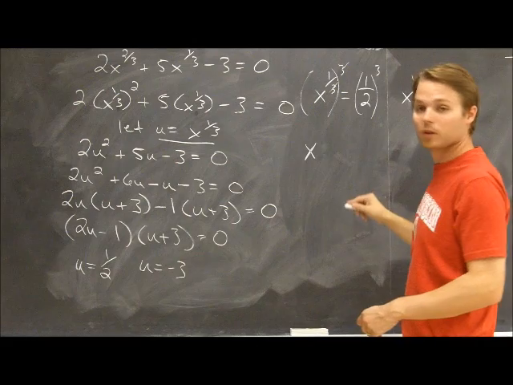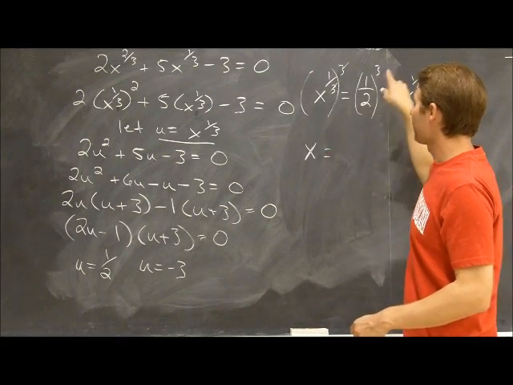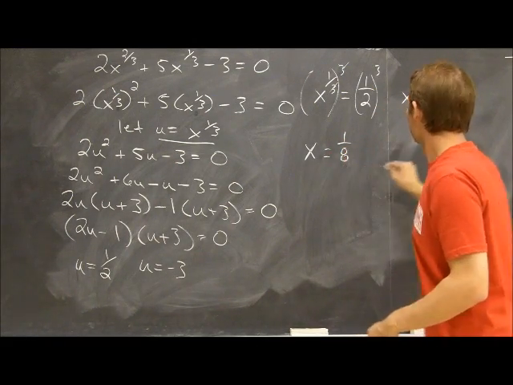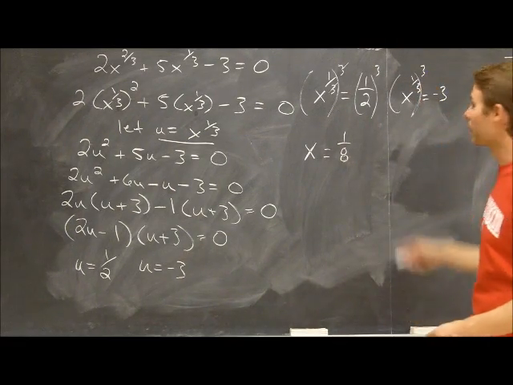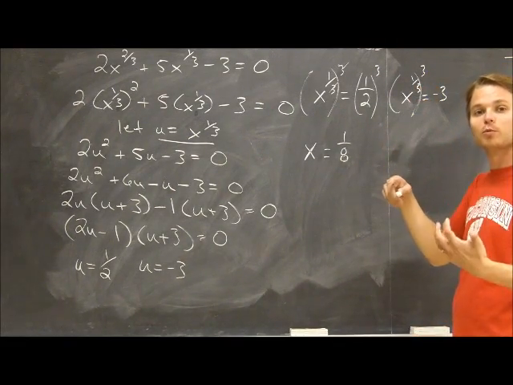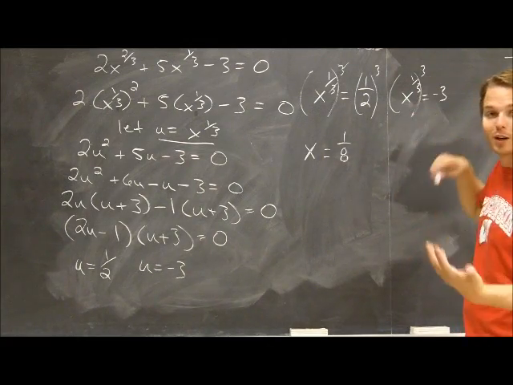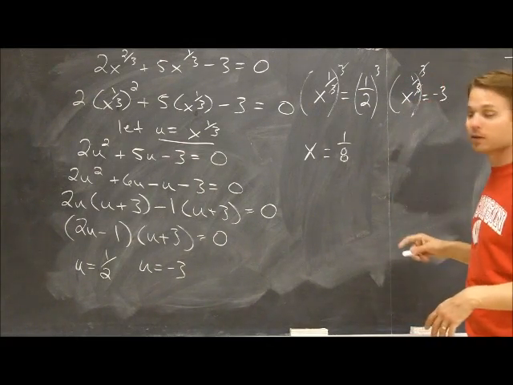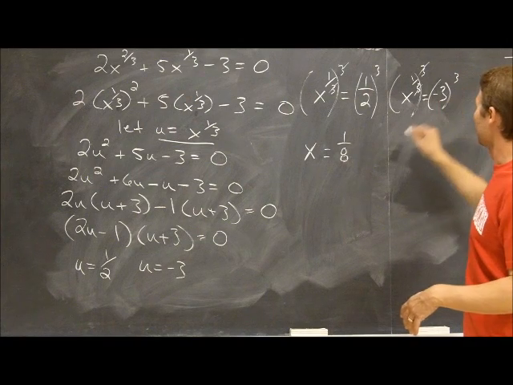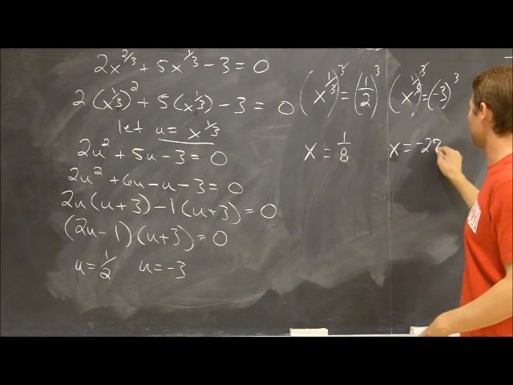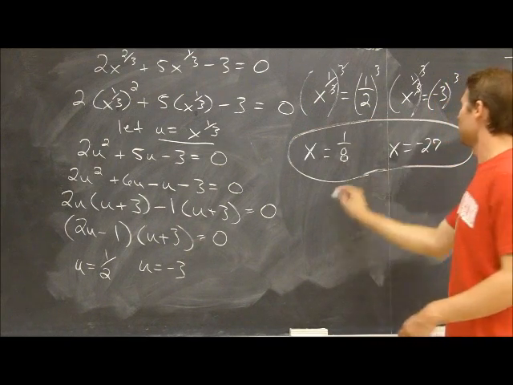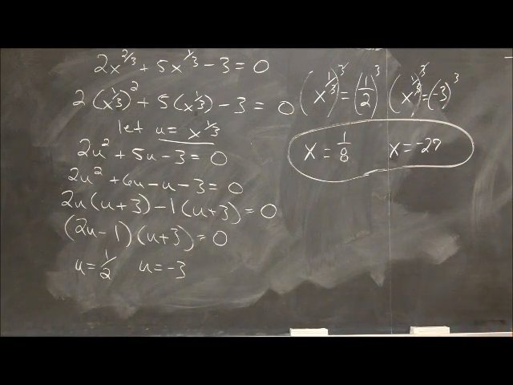So if I cube this side as well, 1/2 cubed is 1/8. And then the same thing over here. I can cube this, or if you want to think about it, x to the 1/3 is really the cube root of x. So when you cube a cube root, it cancels out. And then over here I'll get that negative 3 cubed is negative 27. So these will be the two answers that I'll get for this particular problem.